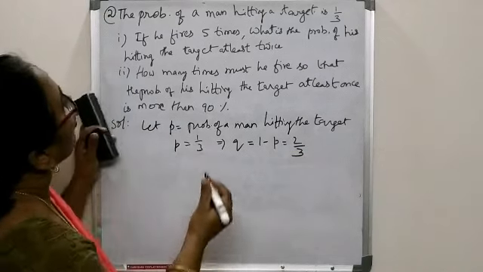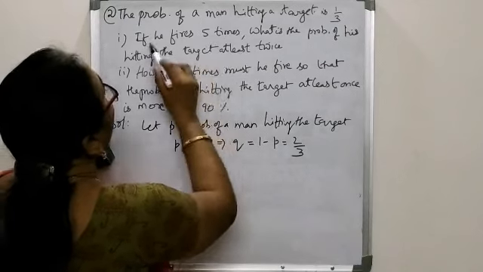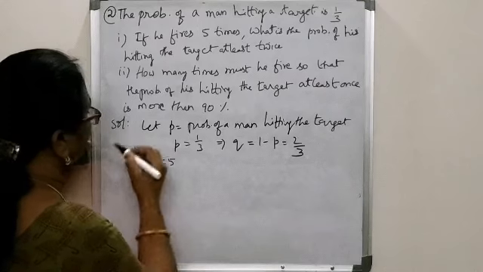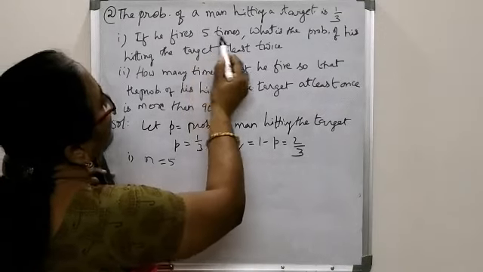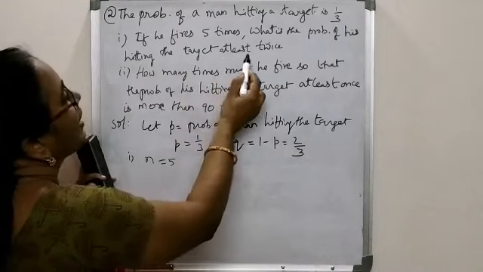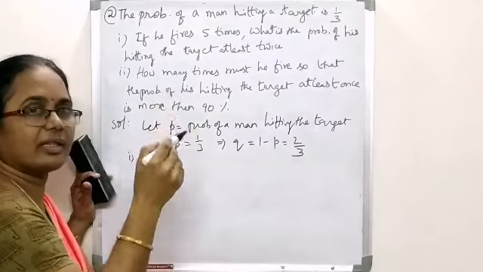Okay. Now what is the continuation? If he fires 5 times, meaning n is equal to 5, what is the probability of his hitting the target at least twice? At least twice means greater than or equal to 2.